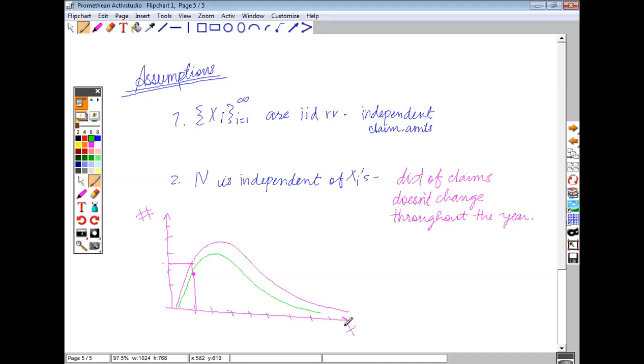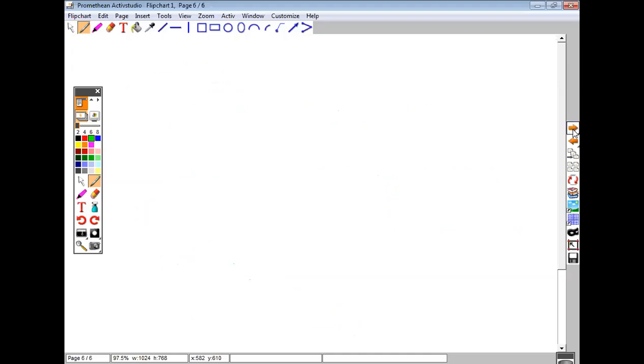So my S will be a mixture of discrete and continuous distributions, which is why, if this happens, we classify S to follow a compound distribution. We'll have a look at that right now. So let me first of all write that we are looking at collective risk models.